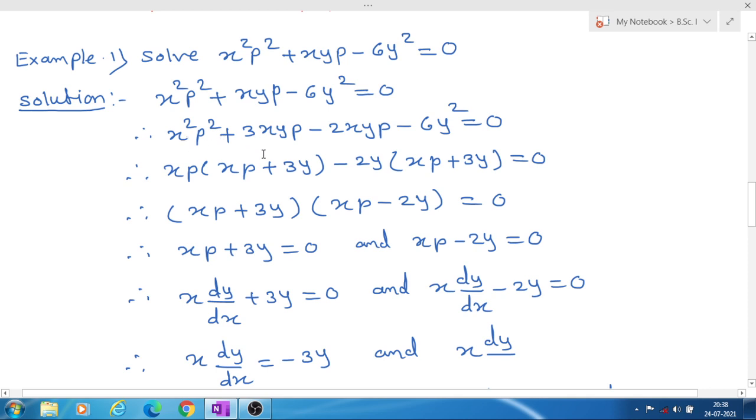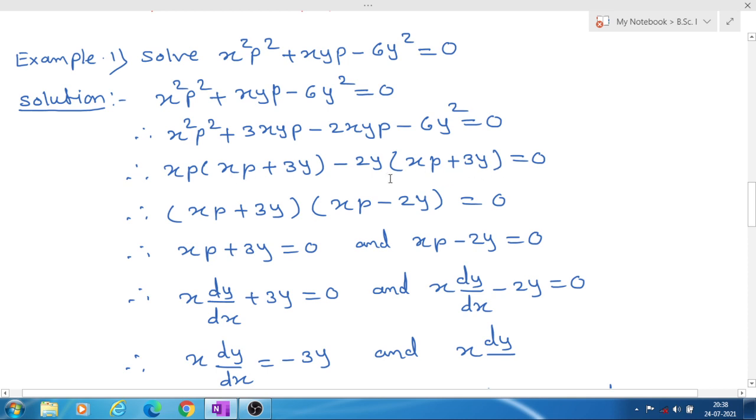Now see, from these two terms we can take common xp. So taking common xp, here remains xp plus 3y. Here minus 2y is common from these two terms. Minus sign is also common. So minus 2y into bracket, here remains px plus 3y, since minus is outside the bracket, is equal to 0.